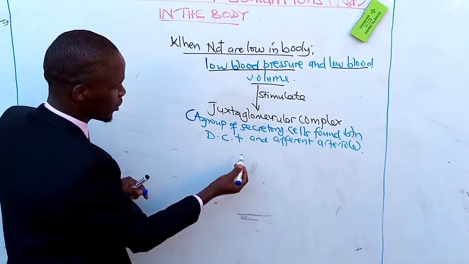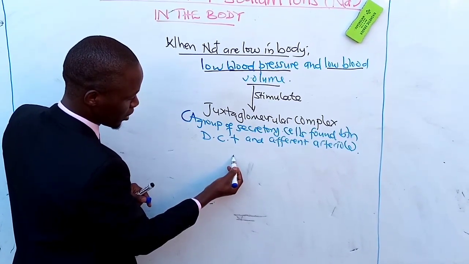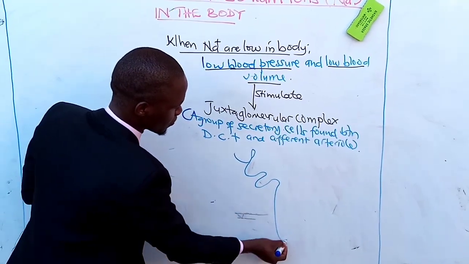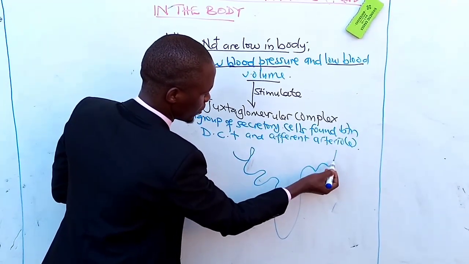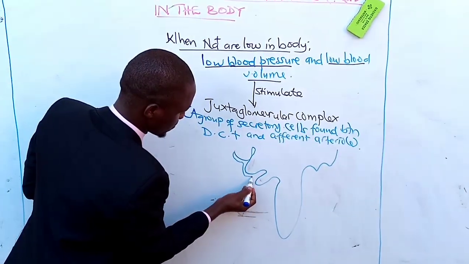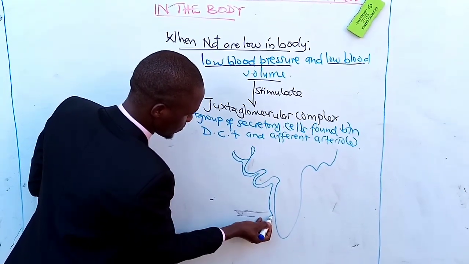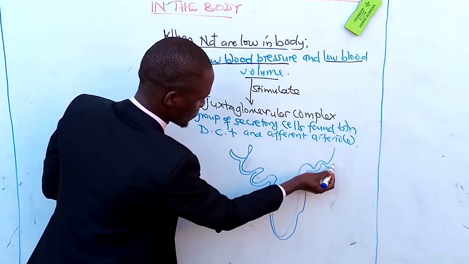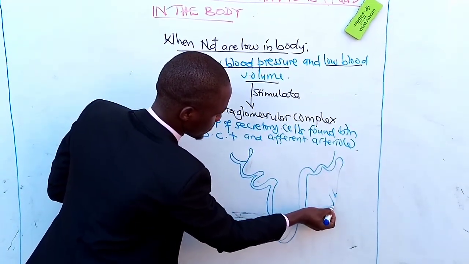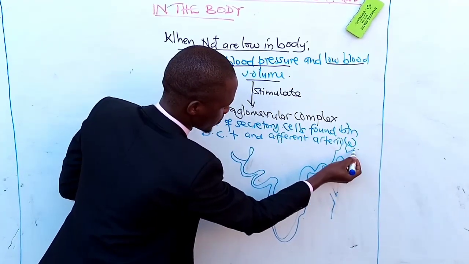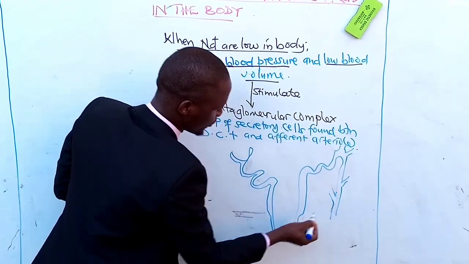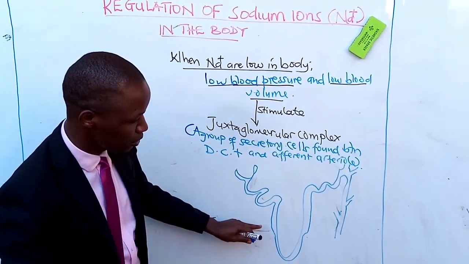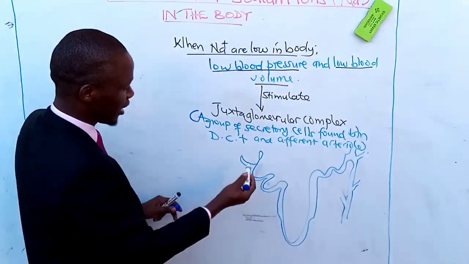For example, if this is our nephron, for those who don't know, the nephron is found in the kidney.